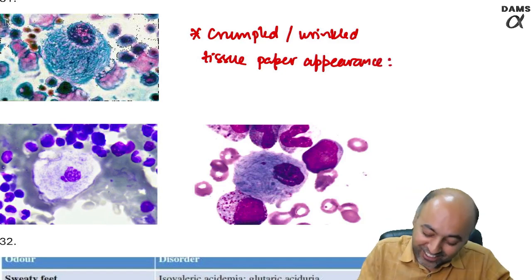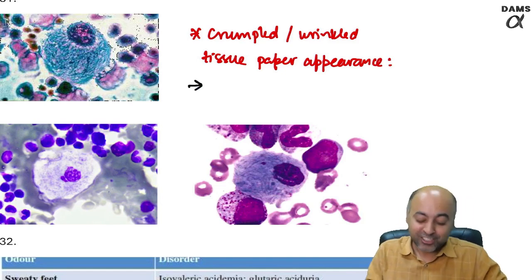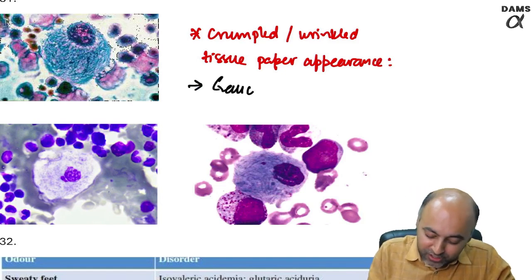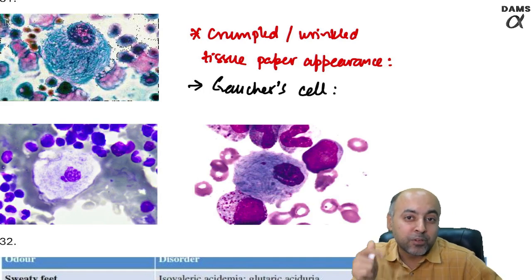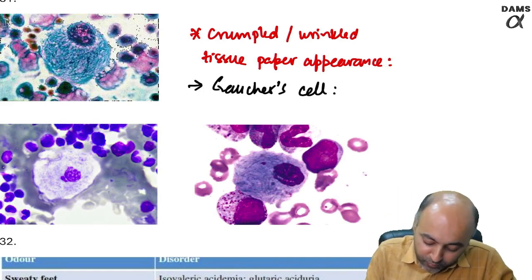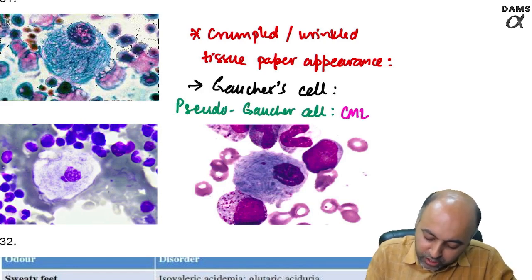Wonderful. All right. I'm so happy to see that you're confident about what you're looking at. So this is the Gaucher cell. The only important thing you have to remember, besides the description that you just mentioned, the crumpled or wrinkled tissue paper appearance, is that we also have something known as the pseudo Gaucher cell, and this pseudo Gaucher cell is seen in chronic myelogenous leukemia.